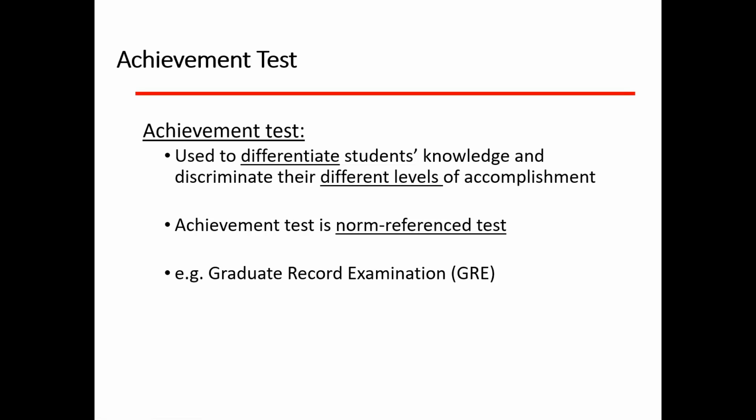This is an exam that you'll have to take if you plan to go to a graduate school. You'll likely have to take a GRE, which has a writing, a verbal reasoning, and a mathematics portion. And you have to achieve a certain level based on the school's criteria in order to enter into a graduate program. So this stratifies, or is a norm reference test, so it stratifies those who are above average or above the 50th percentile, those who are below, and gives you a score based on how you stack up to others that have taken that test.